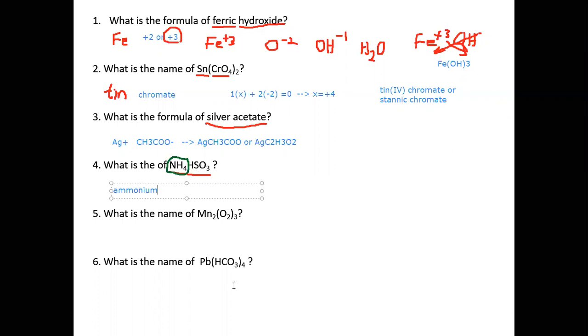Next we have HSO3. So HSO3, if you notice here, we have the anion SO3, and we have a hydrogen attached to it. So SO3 is sulfite.